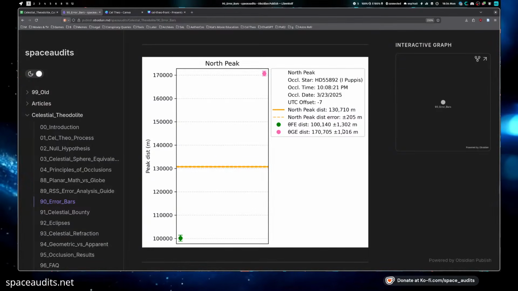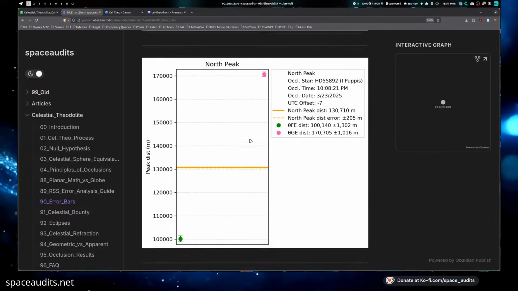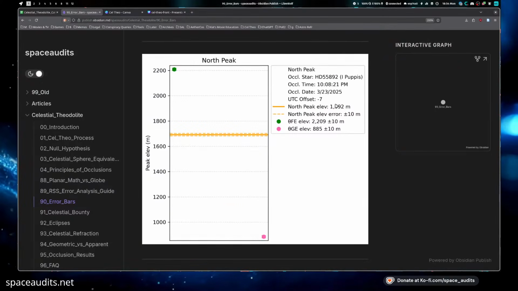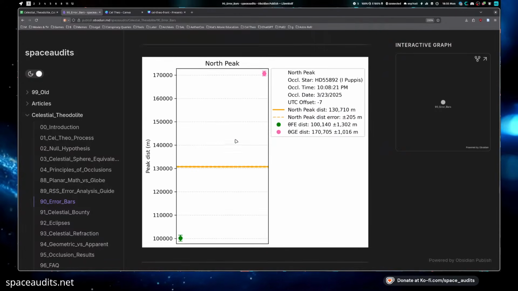Now, because of the distance, the scale doesn't look as clean as the other ones, but this is the North Peak differences here. So this one's for distance. And then this one's for elevation. So the difference in our elevation is basically how much they were off by.